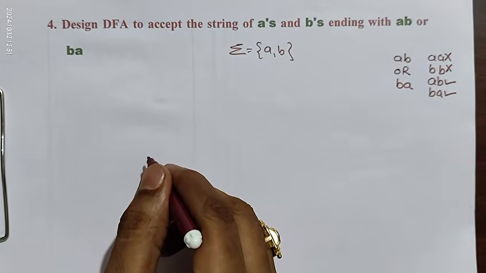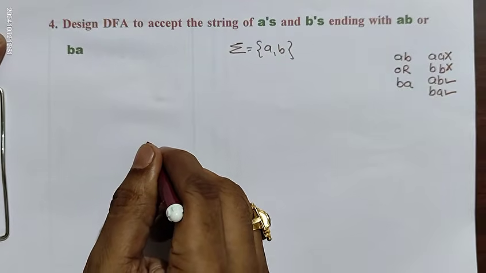From the initial state there are two transitions, AB or BA.